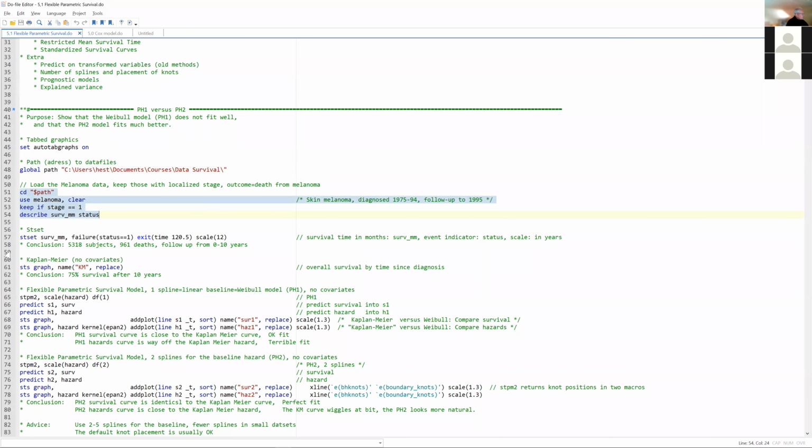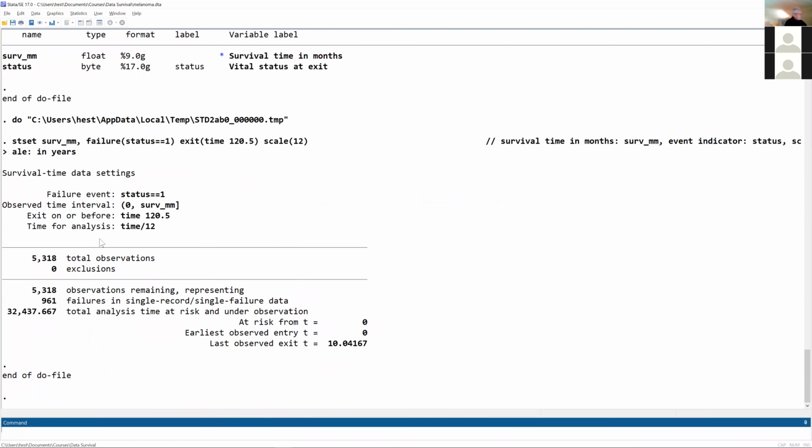So now I st set my data as before. Survival time in months is the time. Failure is status equal 1. We limit the time to 120 months, and we scale to years. And if we do this, we will see 5,300 observations and 960 failures, and times ranging from 0 to 10 years, give or take.